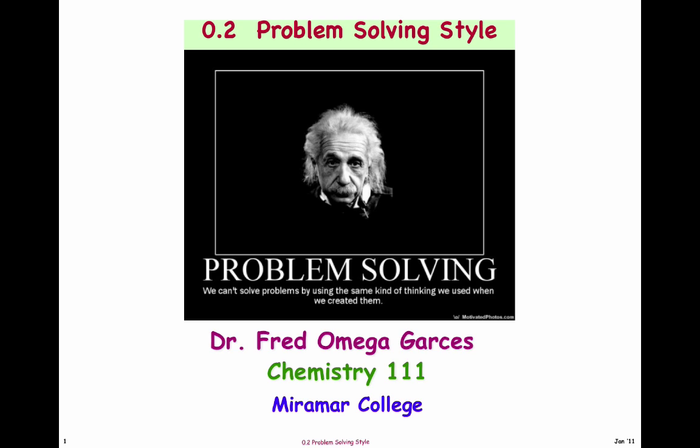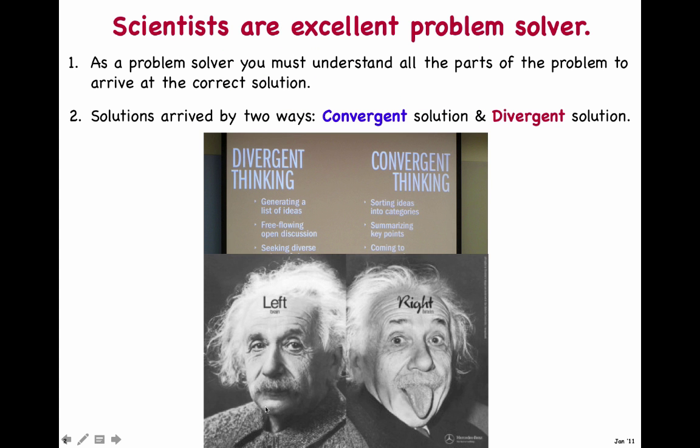Einstein said it best: we can't solve problems by using the same kind of thinking we used when we created them. In other words, Einstein told us to think outside of the box. As scientists, we are excellent problem solvers.